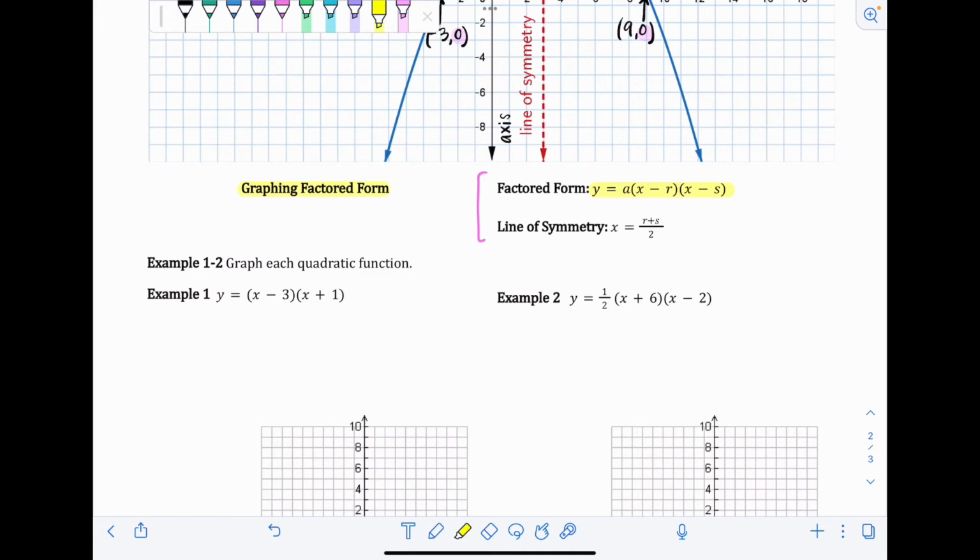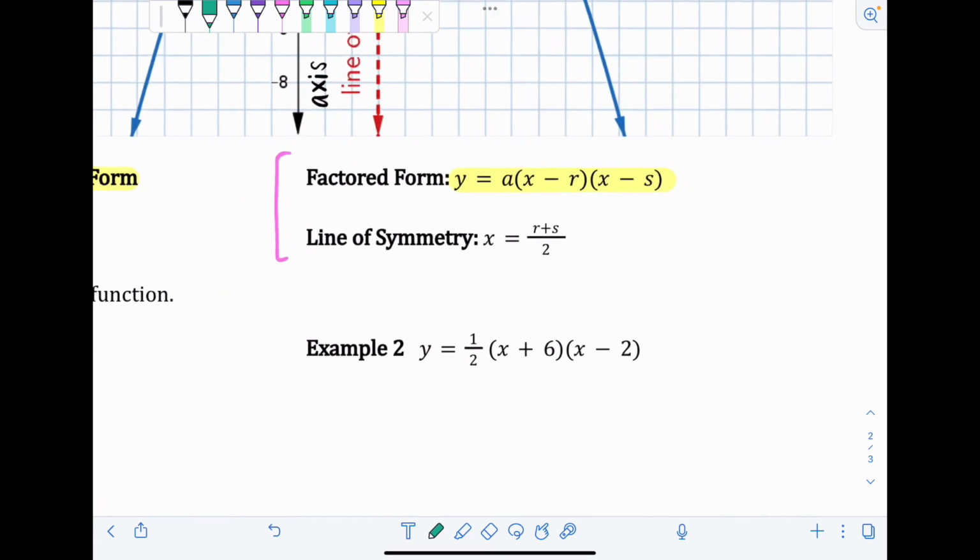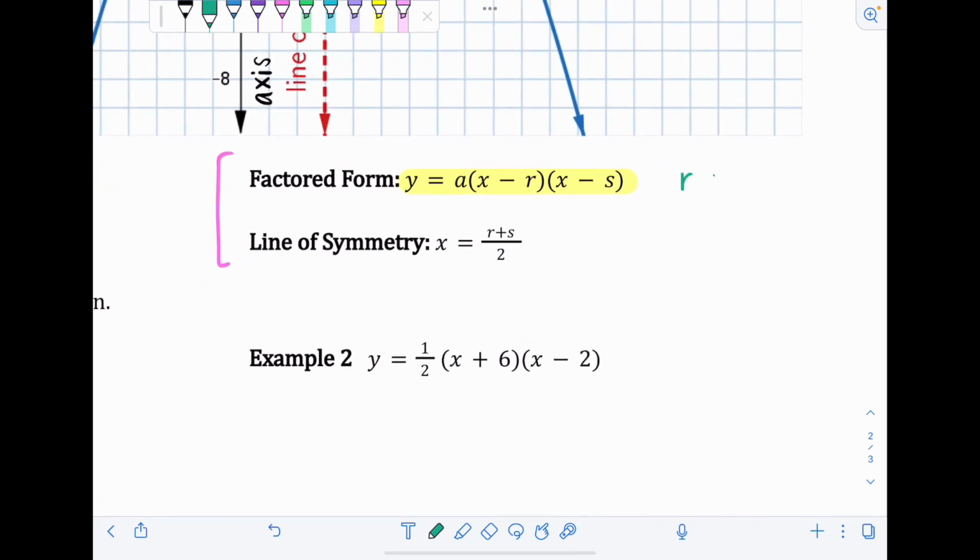Also, I didn't type this, but this is an important note. R and S are zeros, or where they cross the x-axis, or x-intercepts. So leave a note for yourself: R and S are zeros, and that means x-intercepts.